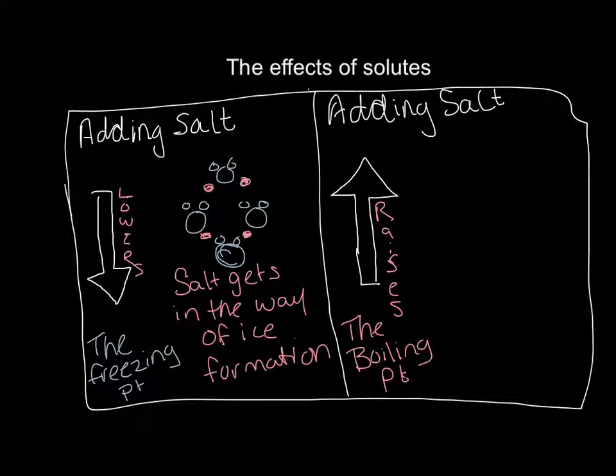And so if we have our water molecules, as the water molecules try and evaporate, they can't do so if they have salt particles with them. So they have to shake off the salt particles and leave them behind in order to evaporate. And so it clings to the water, and this causes the water to have to get extra hot.